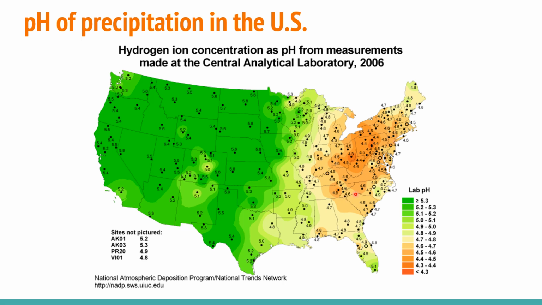So we can see over here on the East Coast there is more acidic rain. If we think about why, we can think about population density. We could also think about how on the East Coast there are more factories, more industry, so they're producing more sulfur dioxides, even nitrogen dioxides, to contribute to that acid rain.